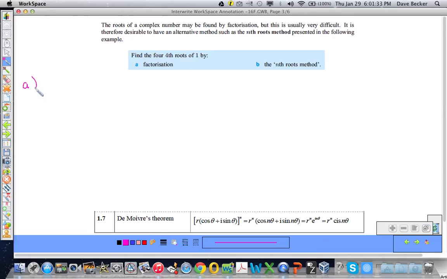So what they're asking us to do is to find the solutions to z to the fourth equals 1.